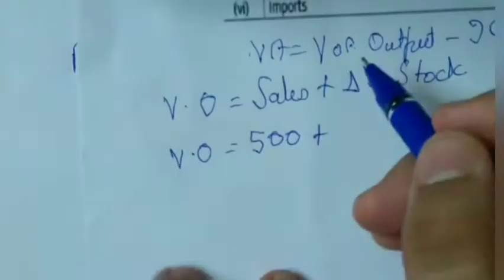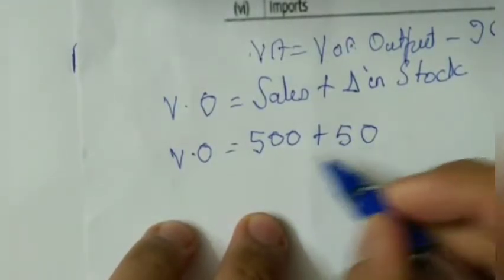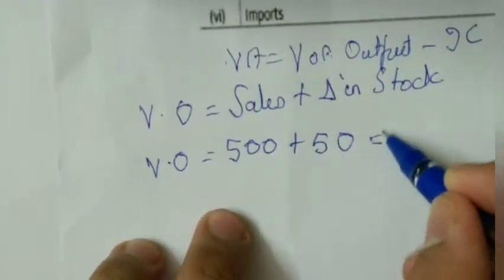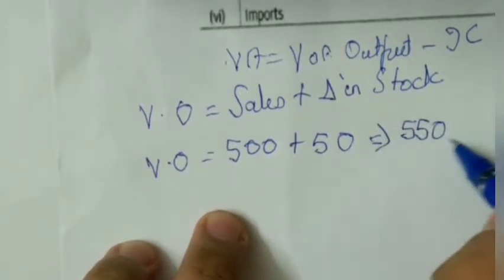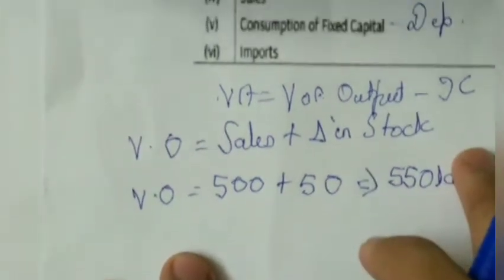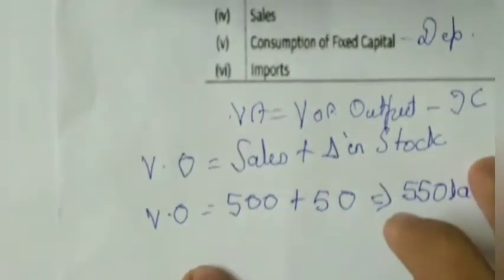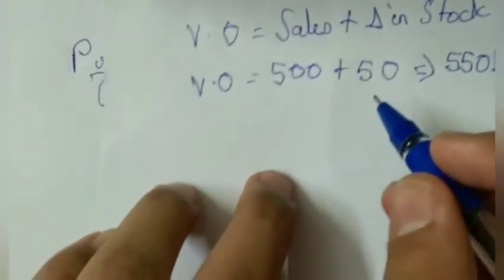And value of output is equal to 500 plus 50, so the GVA will be equal to 550 lakh.